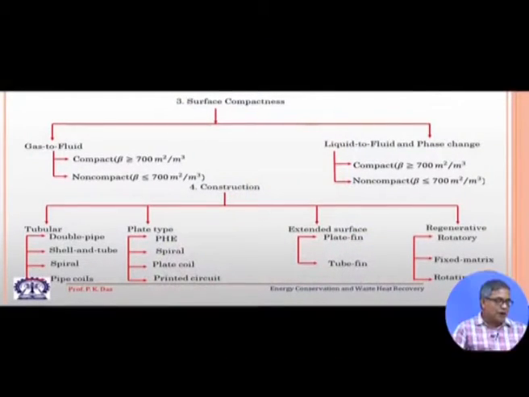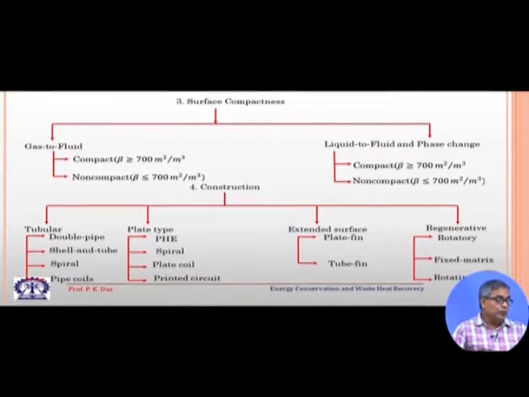Then, depending on construction, heat exchangers can be divided into several categories. Tubular geometry is very common for any industry. So, there could be a double pipe or pipe in pipe kind of heat exchanger, or a shell and tube heat exchanger.